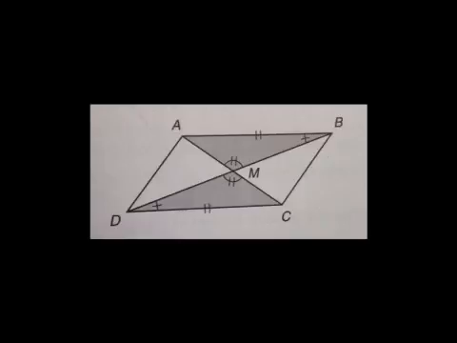We know that this angle and this angle are the same because, if you remember a long time ago when we had two parallel lines and a transversal cut through them, this angle and this angle were congruent because of alternate interior angles, which means then that this angle and this angle are congruent.